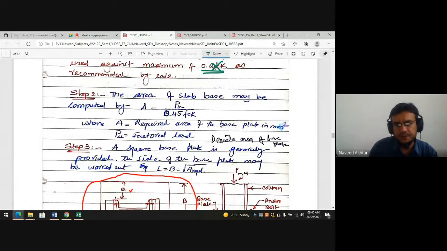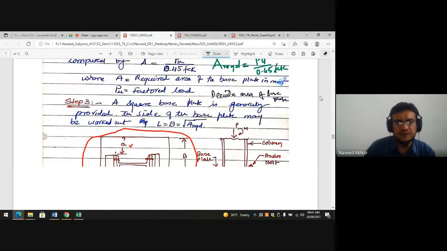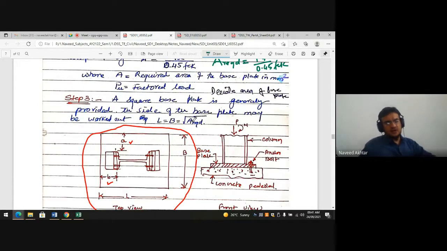The area of slab base can be found out. Area required you can calculate, that is nothing but Pu upon 0.45 FCK, the bearing pressure. From that you get the area required. You know the column size.